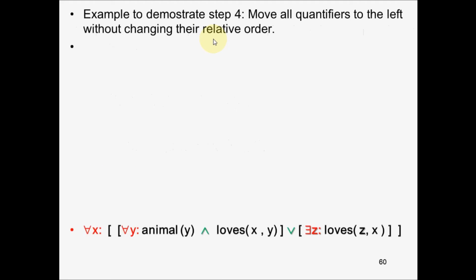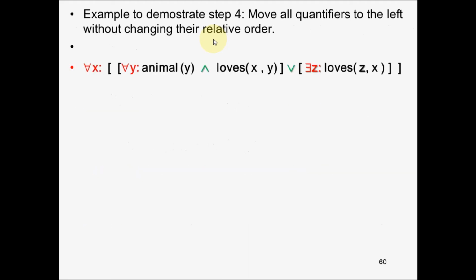Okay, let's say I'll be taking the same example. Okay, everyone who loves all animals is loved by someone. Now in this example, quantifier x and quantifier y, they are on the left hand side. However, z is declared somewhere in between.